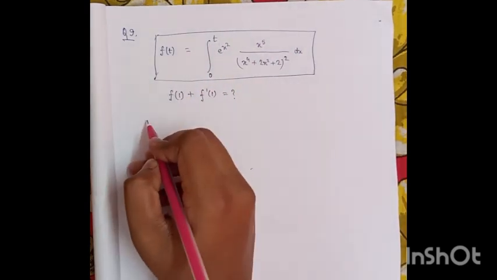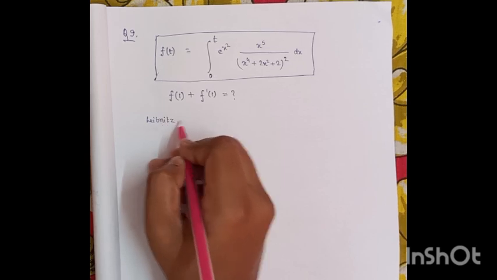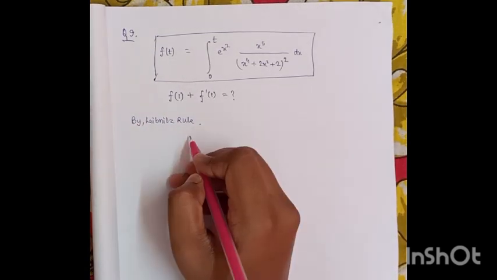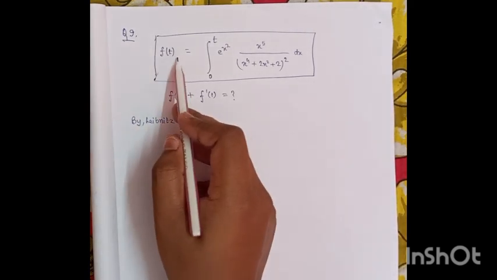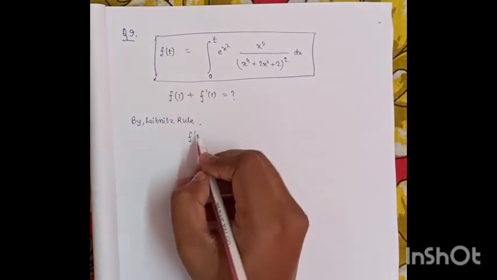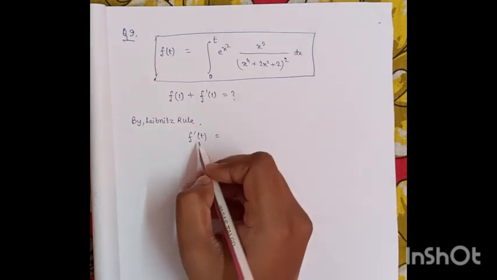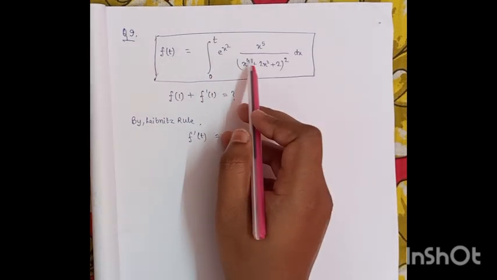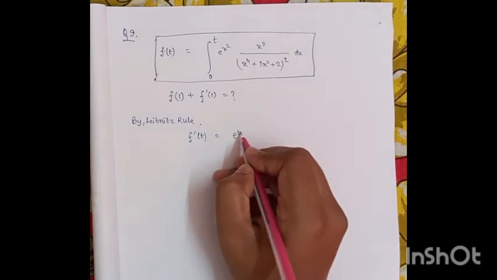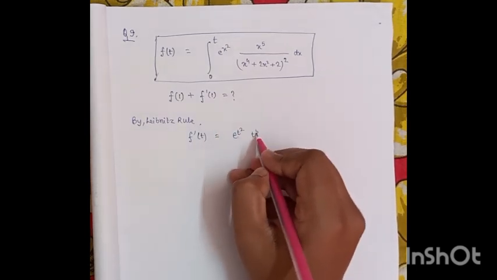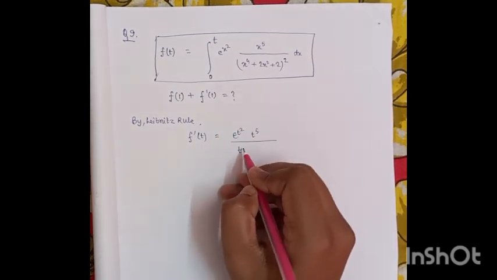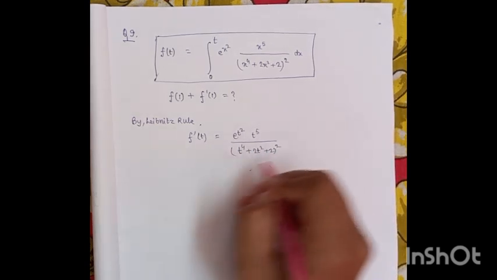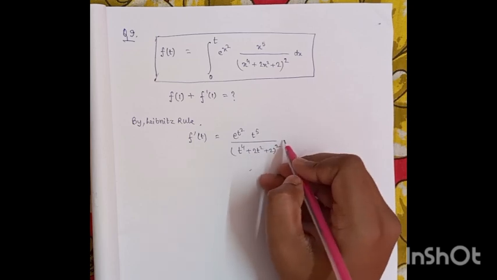So we can apply Leibniz rule here. We can differentiate both sides with respect to t. So f dash of t will become, if we apply Leibniz rule here, e to the power t square into t to the power 5 over (t to the power 4 plus 2t square plus 2) and the whole square in the denominator.